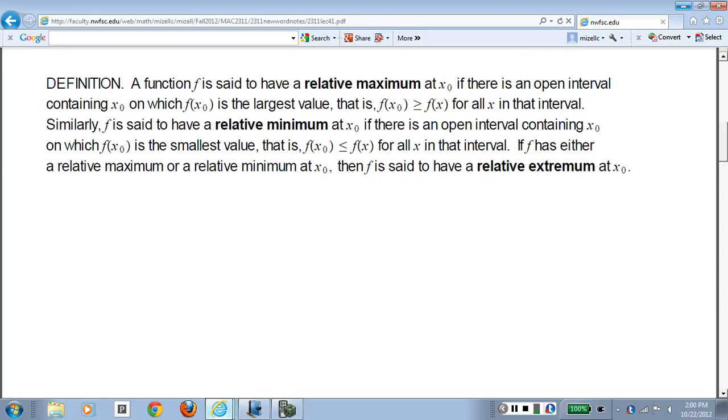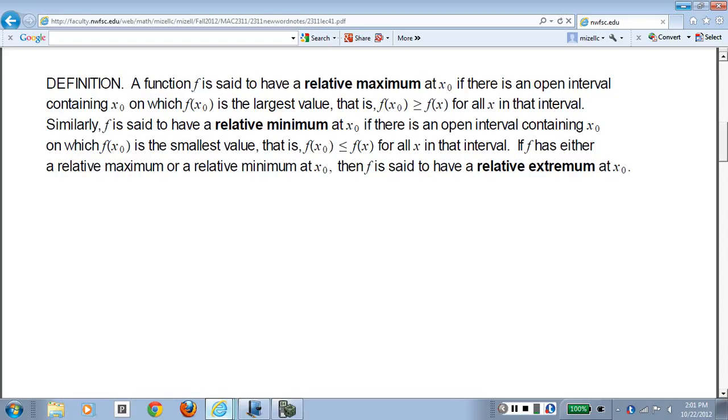When we talked about a minimum or maximum without the word relative in front of it, basically that meant absolute maximum in the interval, absolute minimum in the interval. And it was important to consider the function value, that maximum value or minimum value, to evaluate the function there. For the existence of a relative minimum or relative maximum, it's not going to be as crucial for you to tell me the value of that relative maximum or relative minimum.